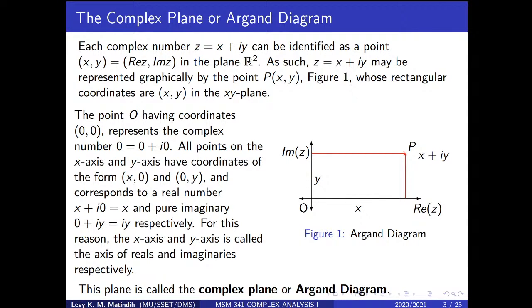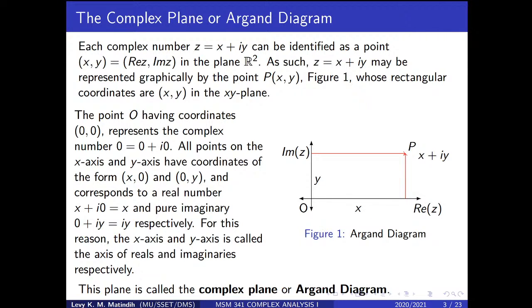If you look at figure 1, in the complex plane the y-axis represents the imaginary part of z, and the x-axis represents the real part of z, as in the R2 plane. So this is how we represent the complex number.